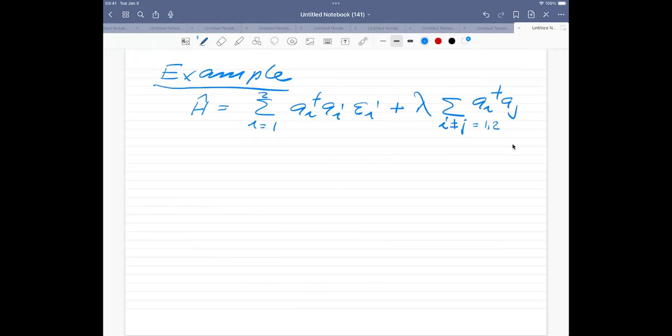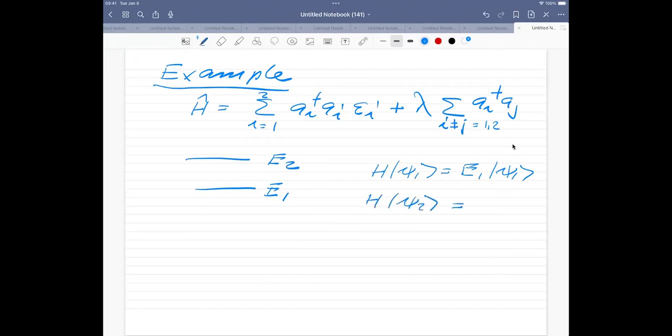And the exact energies are given by E1 and E2. So that means that if I act with H on psi1, this is going to be equal to E1 times psi1. So E1 is the exact energy. And similarly, if I act on psi2, this is given by E2 times psi2.